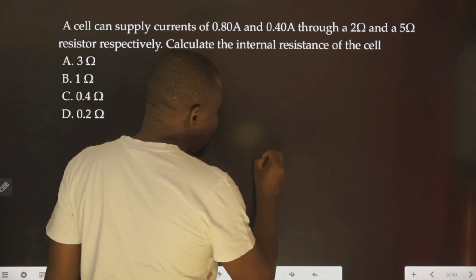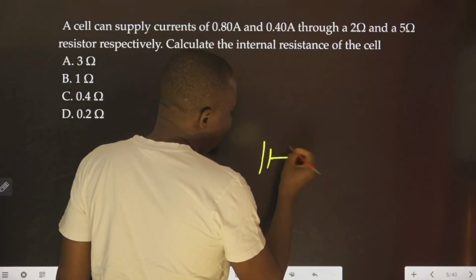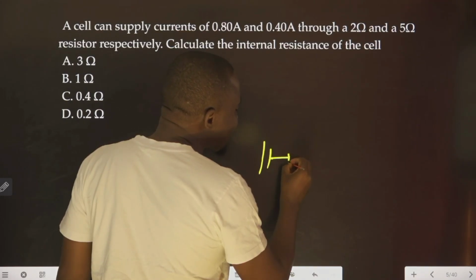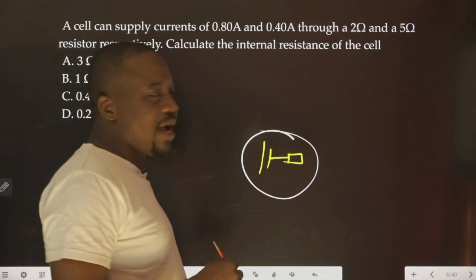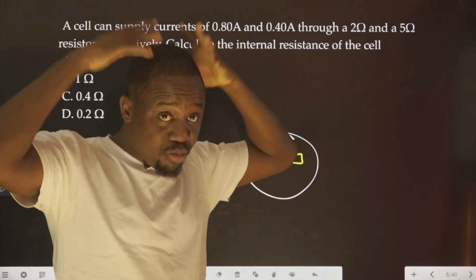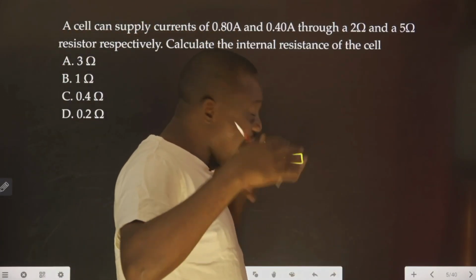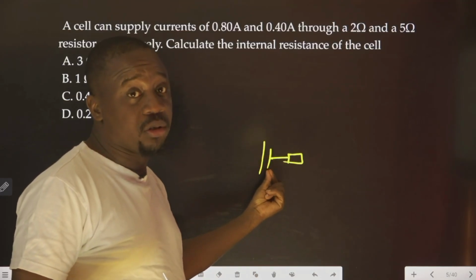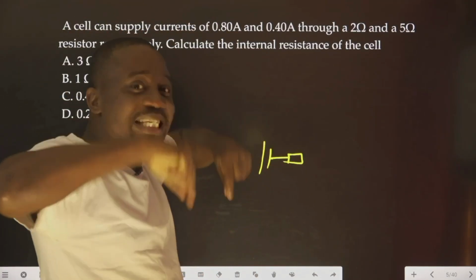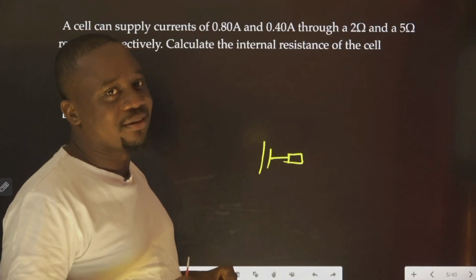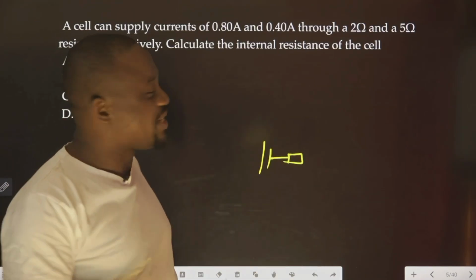So if this is a cell, we put the internal resistance immediately, assuming that two of them are together. That's what you put in your mind, because they are actually one. They are one. We are just using this to represent them, but the resistance is inside the cell. So we use this resistor to represent it.